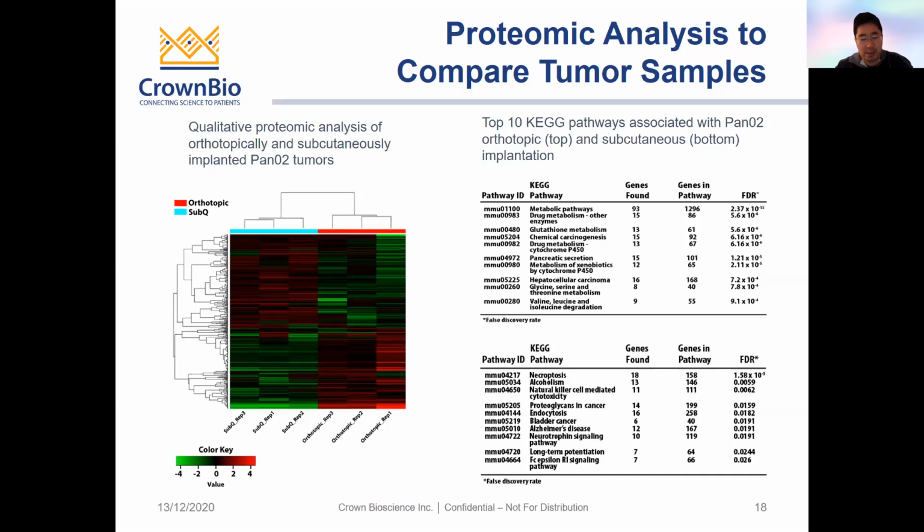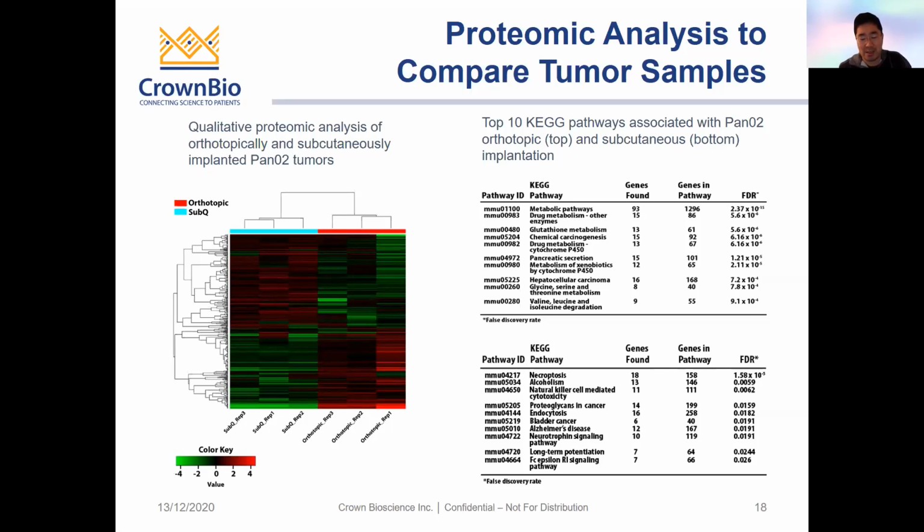So what we have done is carry out some quantitative proteomic analysis of the Panc02 tumor. The analysis revealed about 400 significantly regulated proteins. They clearly clustered according to the implantation site. When the unique proteins identified from each implantation site were analyzed, they were obviously different in the KEGG pathways involved.